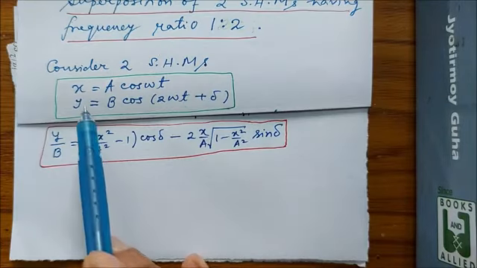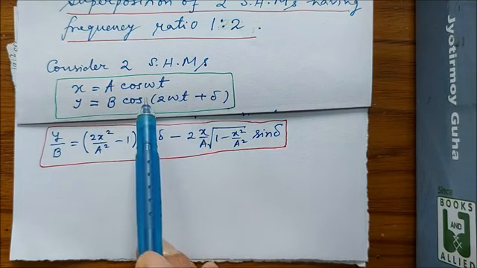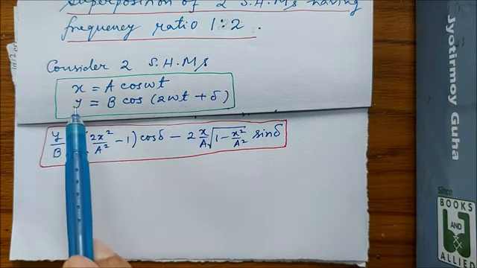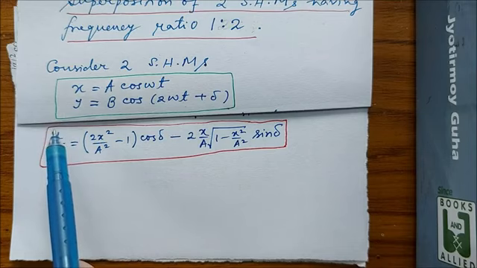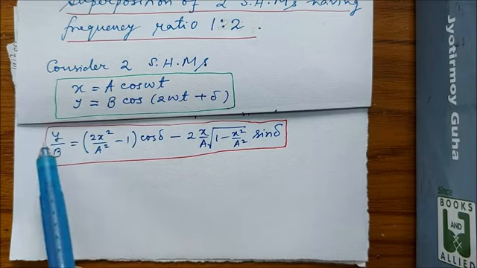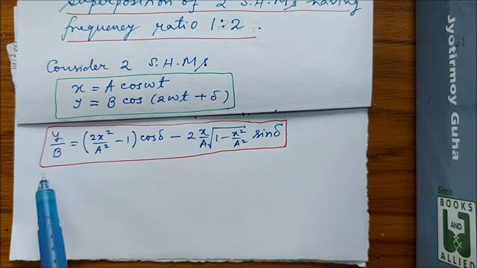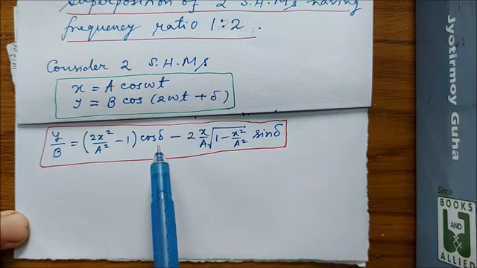Clearly, superposition of two simple harmonic motions having frequency ratio 1:2, which are mutually perpendicular, will lead to a Lissajous figure or Lissajous pattern that is described by this equation, and we will discuss various cases corresponding to various values of delta.